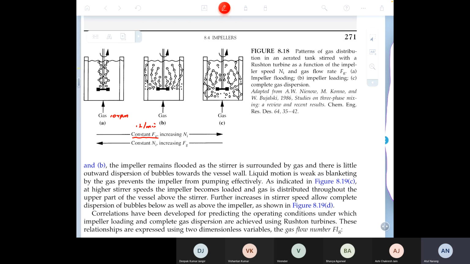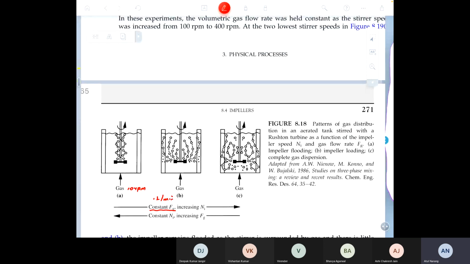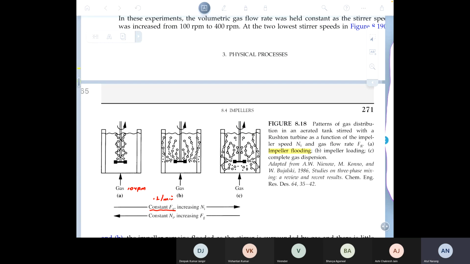Now, because the impellers are turning very, very slowly, their ability to entrain the gas and disperse it is very poor. Because of which, the gas basically flows straight upward, vertically from the sparger without getting dispersed at all. And this is an undesirable situation that is called impeller flooding. So, on the left hand side, what you're seeing is what is called impeller flooding.